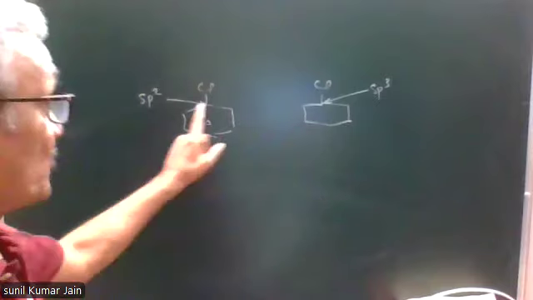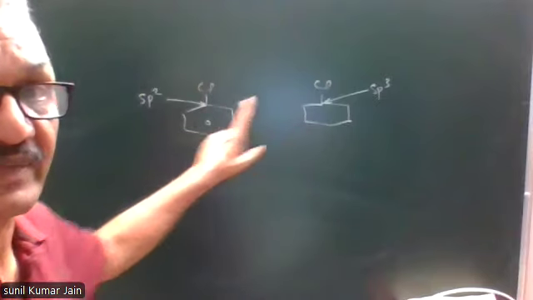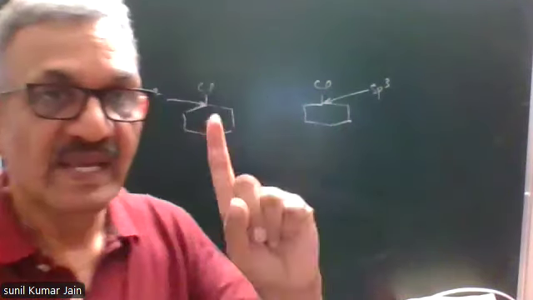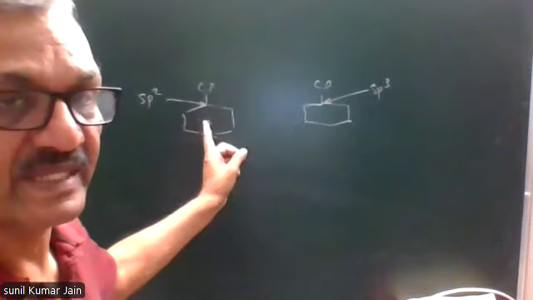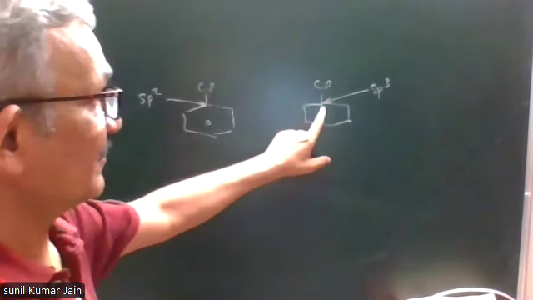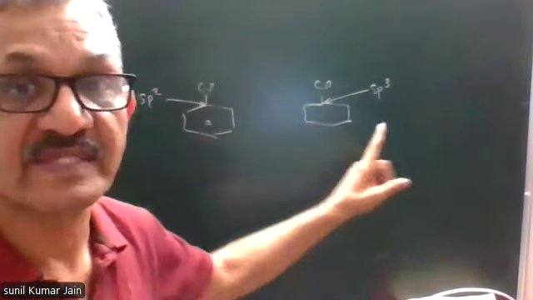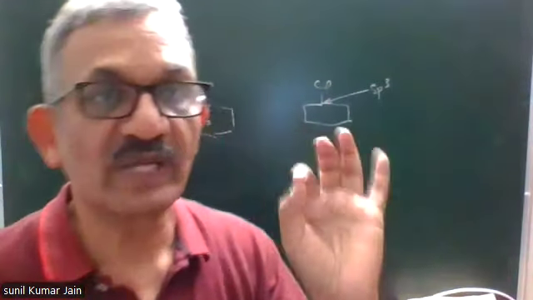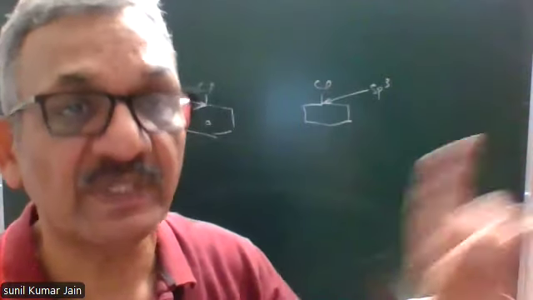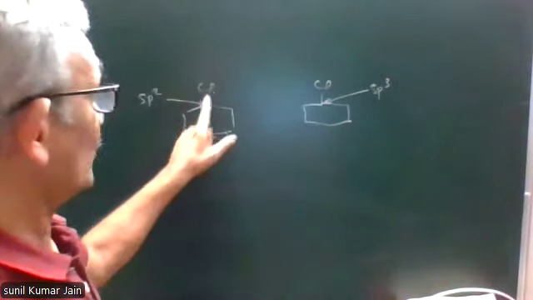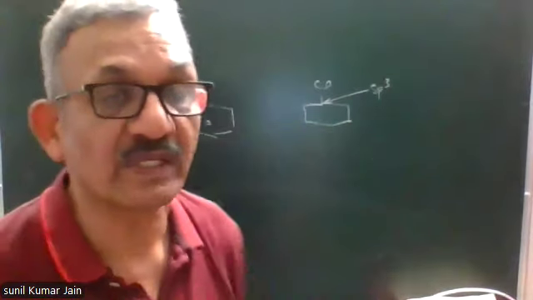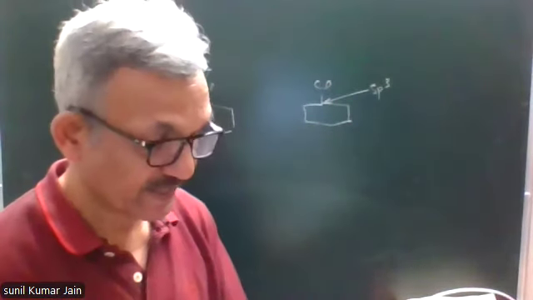Now, you know, sp2 carbon is more electronegative than sp3 carbon. I'll repeat. Alpha carbon atom in chlorobenzene is sp2 hybridized. Alpha carbon atom in chlorocyclohexane is sp3 hybridized. sp2 carbon is more electronegative than sp3 carbon. Therefore, the carbon-chlorine bond is less polar in chlorobenzene. It is more polar in chlorocyclohexane.